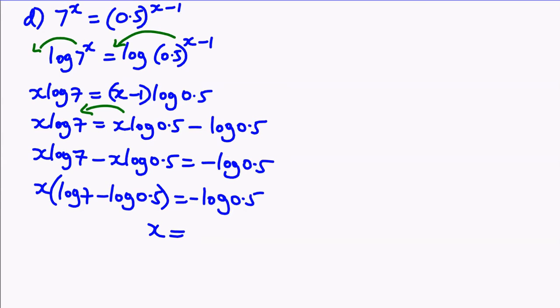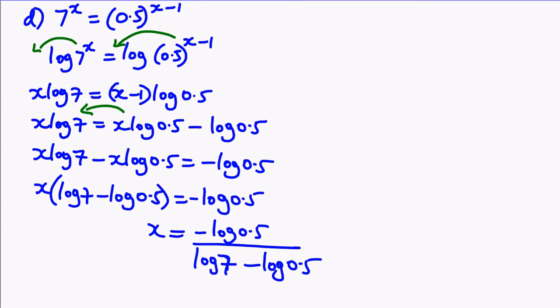So x will be negative log 0.5 over log 7 minus log 0.5. So if you plug this in your calculator, you should be able to end up with 0.263.